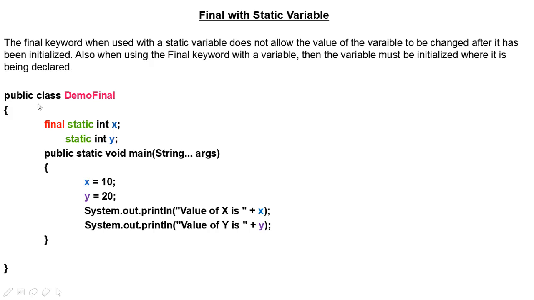So I have a demo final class and I have a static method, and within the main method of that class I am trying to assign values to the final variable, which is x, and a normal static variable which is y, and I am trying to print the values of these variables. So again, let's move on to the IDE and see what can be achieved out of this program.